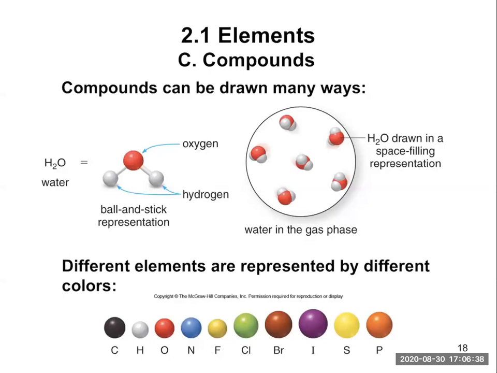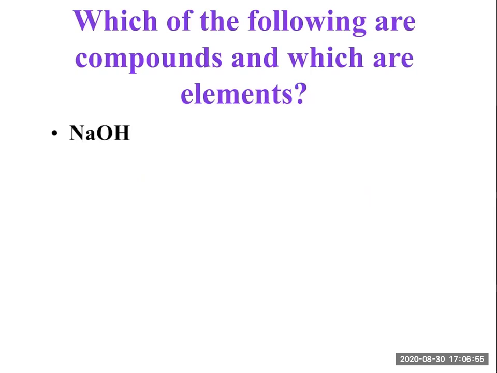We're going to learn more about these drawings later on, but notice here the oxygen is represented in red, and these two little white balls represent hydrogen. So if we ask you a question like this, which one would be a compound versus which one is an element?